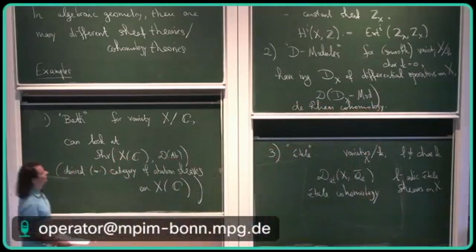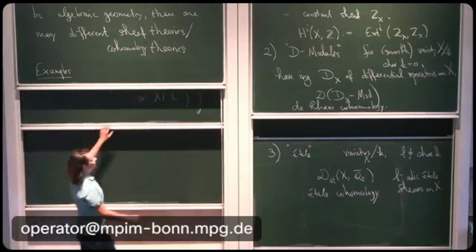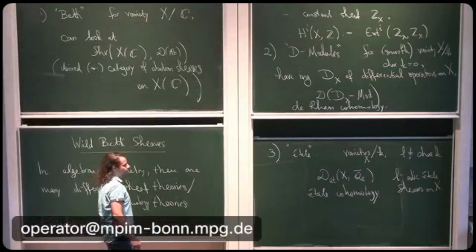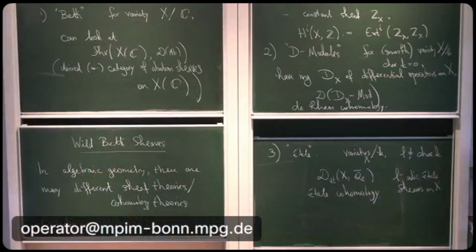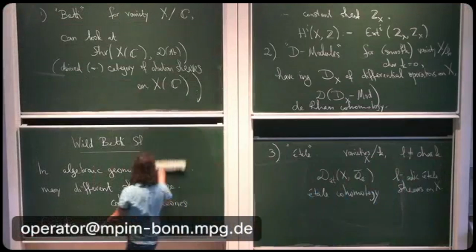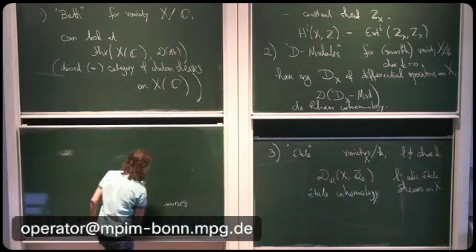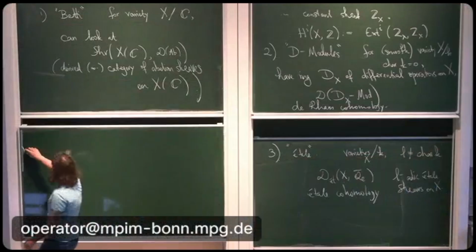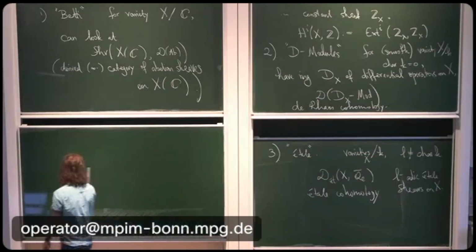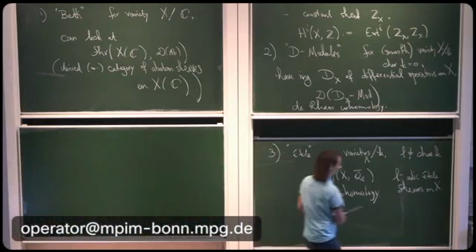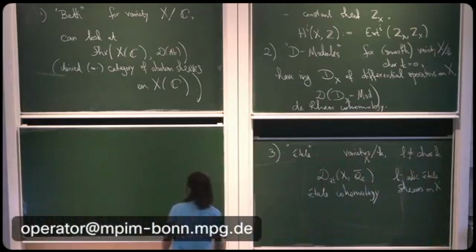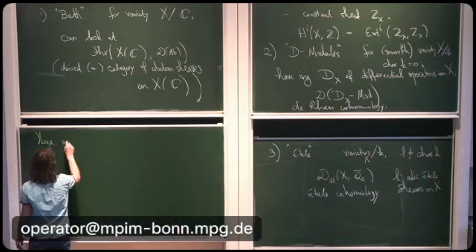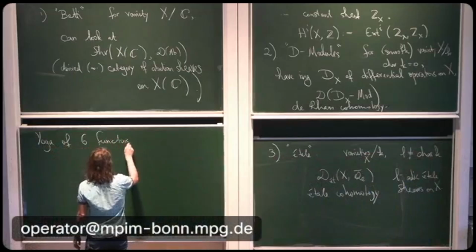So in any sheaf theory, there are certain operations you can do. There's always this yoga of the six functors.